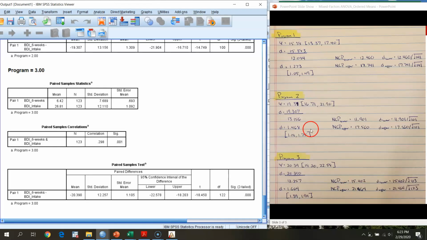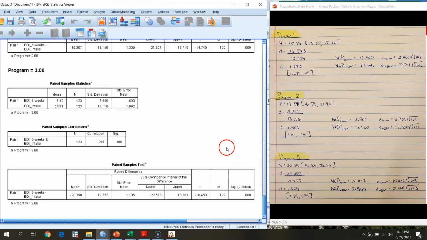This is really, really impressive, right? So at the low end, the minimum plausible value for d supported by these data for the true population effect is close to a 1.4 standard deviation reduction. So this is very, very large, okay?